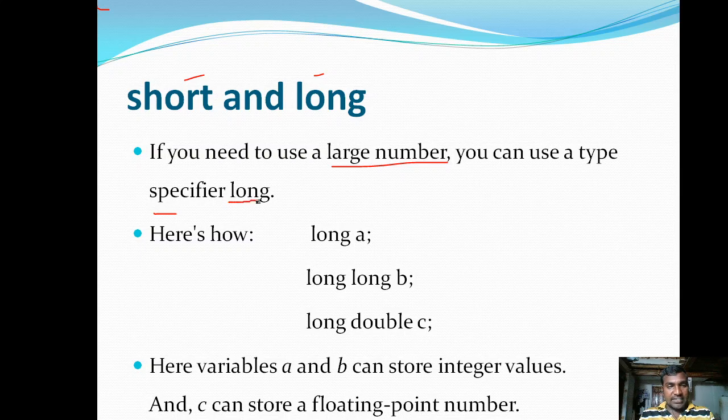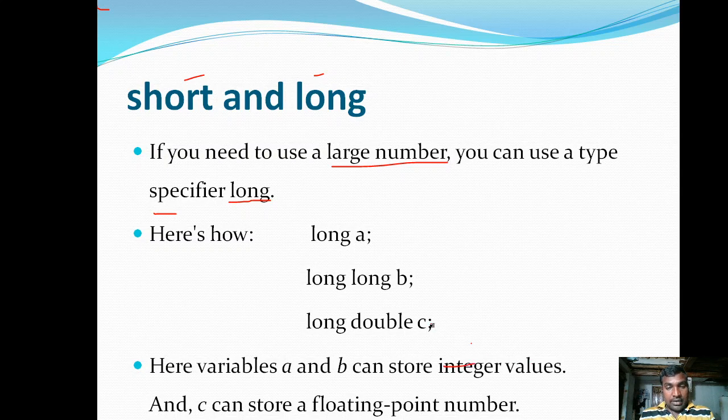The normal int data type can store only a certain range of values. If you want to store a number beyond the range of int, it requires a larger data type. Here, long a means a is a variable of long type, and long b means b can store integer values.